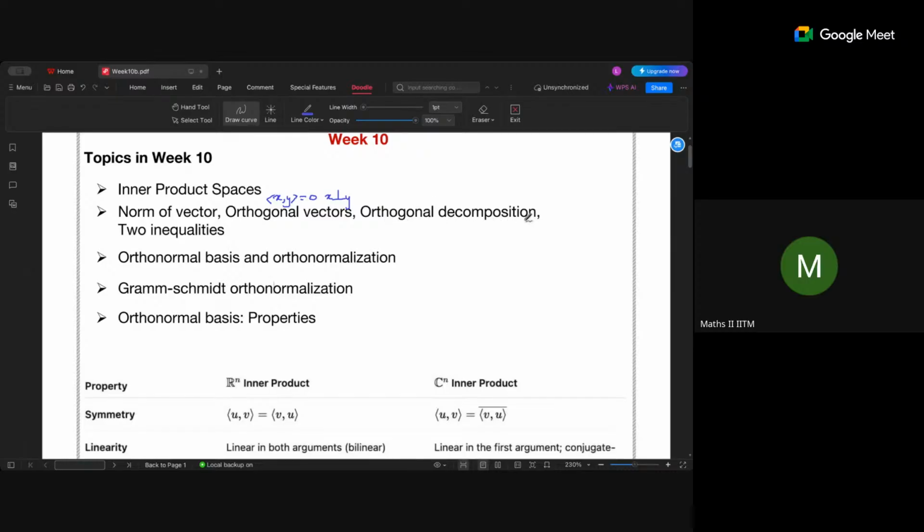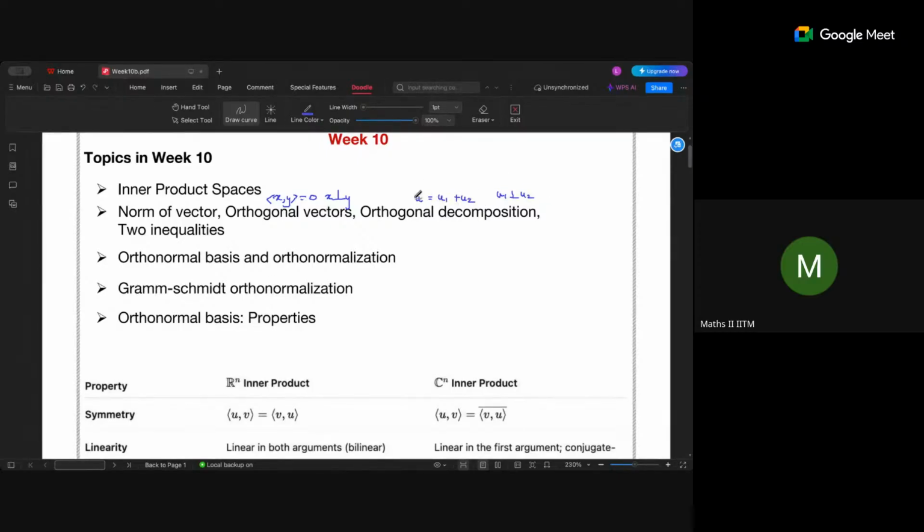And then what is orthogonal decomposition? If you have some vector u, how can you decompose it as u1 plus u2, where u1 is perpendicular to u2? This is what is orthogonal decomposition. We have seen how to do such a decomposition, precisely what is u1 and what is u2.